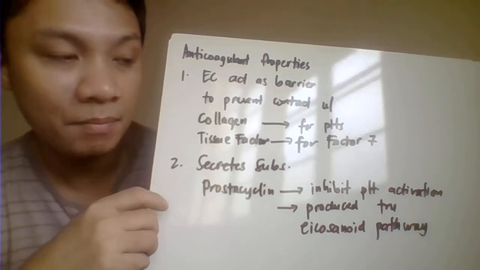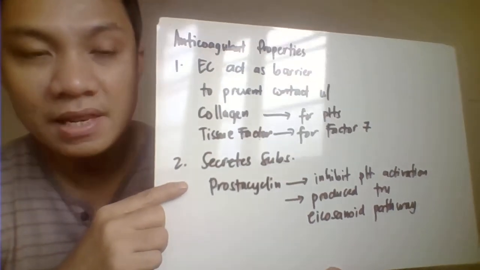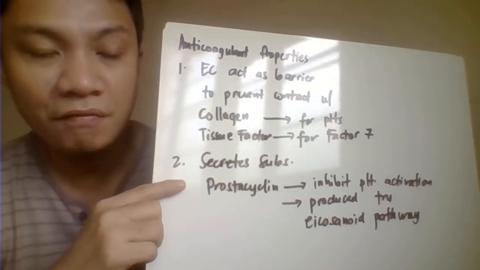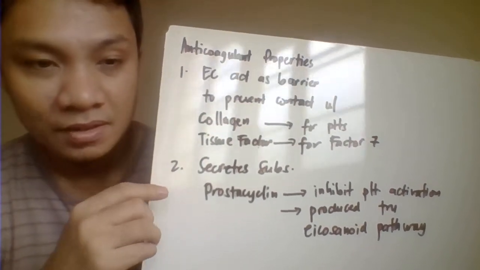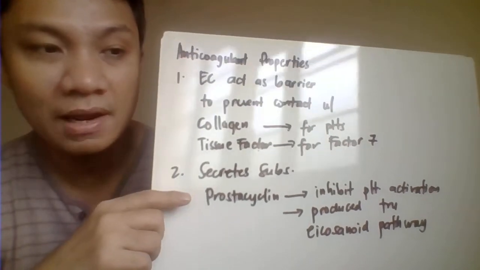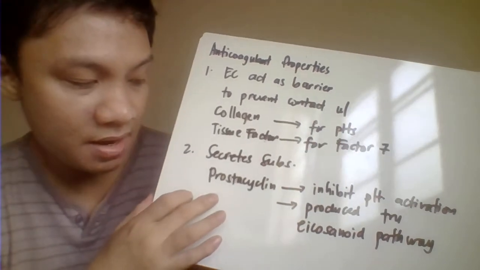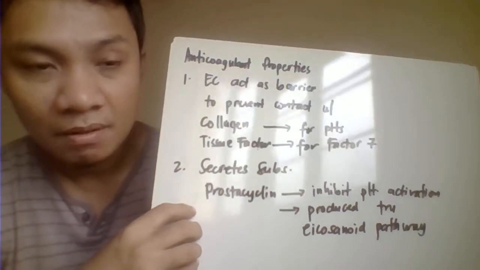The second one, how your endothelial cells or vascular intima are able to perform anticoagulant properties, because they try to secrete substances which have anticoagulant properties. Example for that, we have here your prostacyclin.